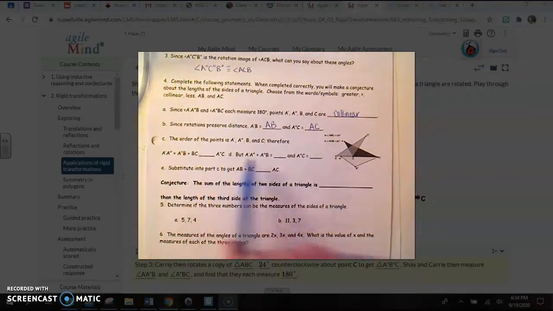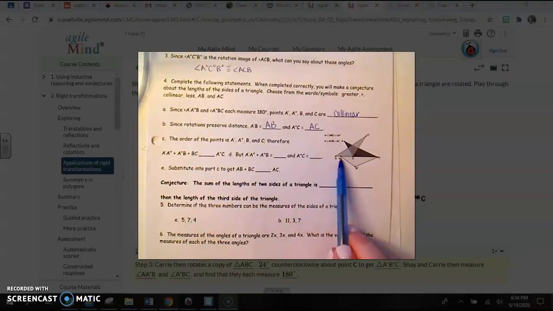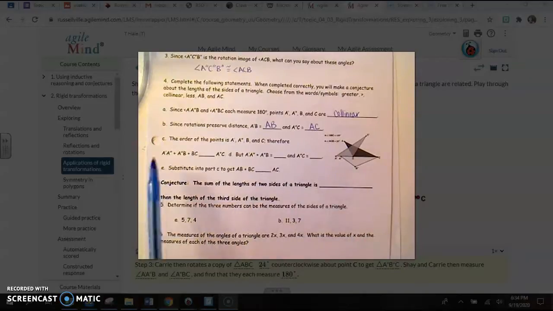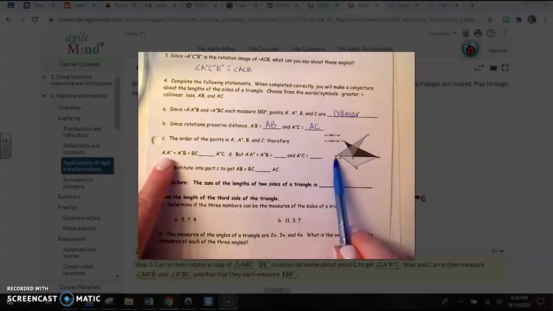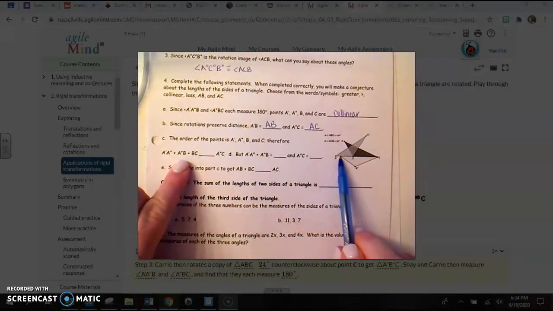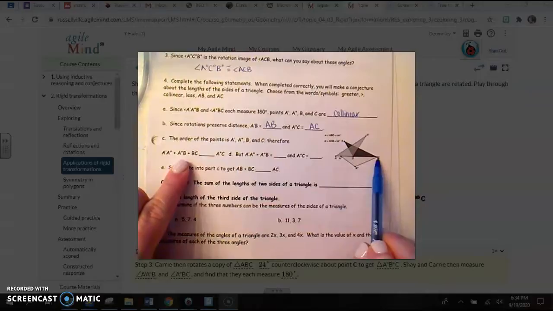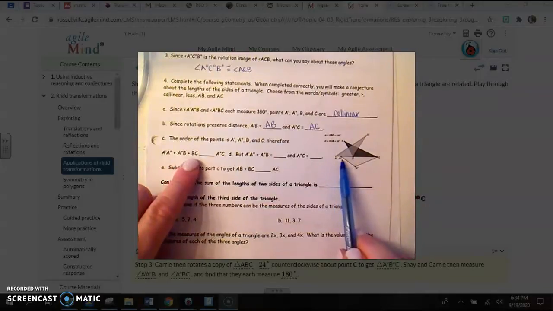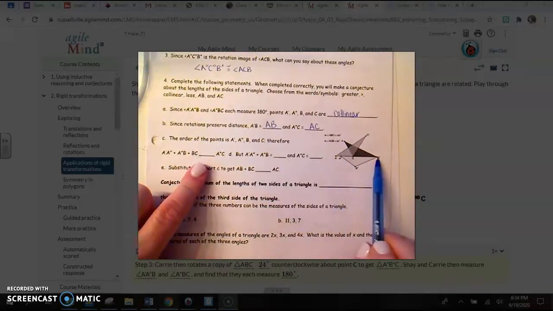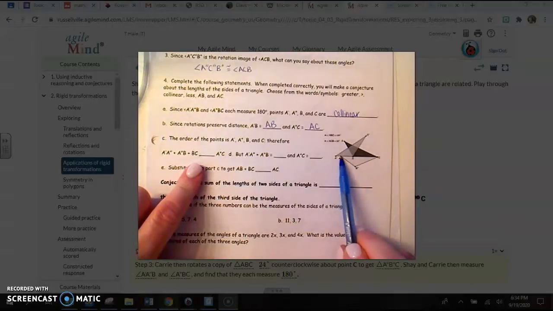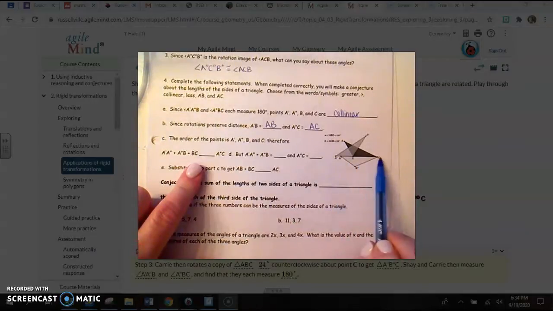The order of the points is A prime, A double prime, B, C. So if we add A prime A's distance to A prime A double prime's distance to A double prime B to BC, that is going to be what in comparison to only A double prime C? Well, from here to here to here is the whole distance across.